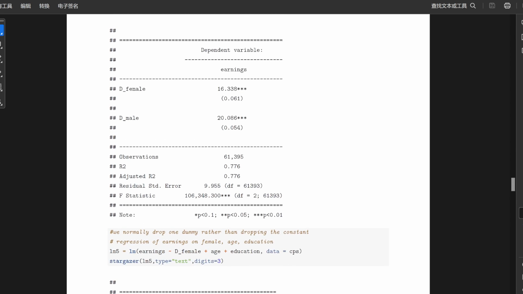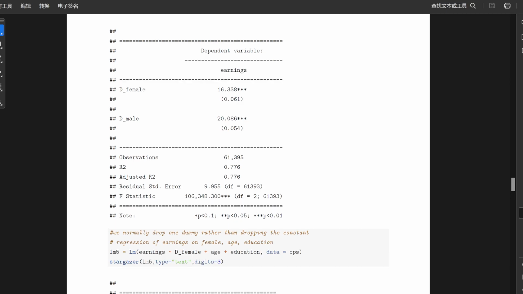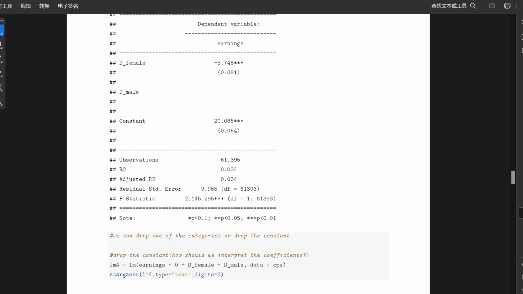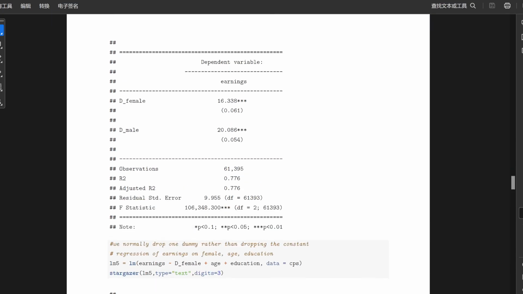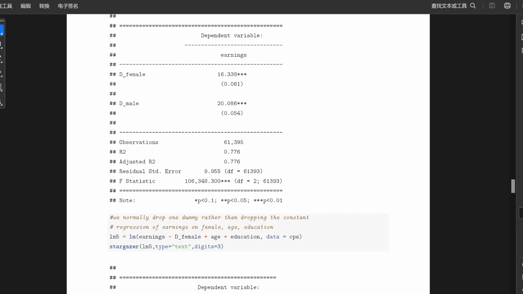Now you can see both coefficients are positive, right? So for males the average earning is 20.1, and for females the average wage is 16.3. The difference between these two is your coefficient from before dropping the constant.